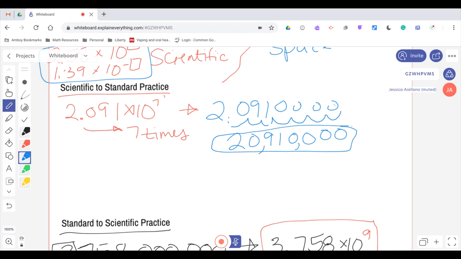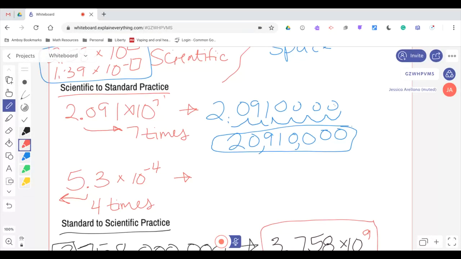And now I can put my commas in. It works the other way too. Let's say I had 5.3 times 10 to the negative 4. A negative exponent means I'm moving the decimal to the left 4 times.